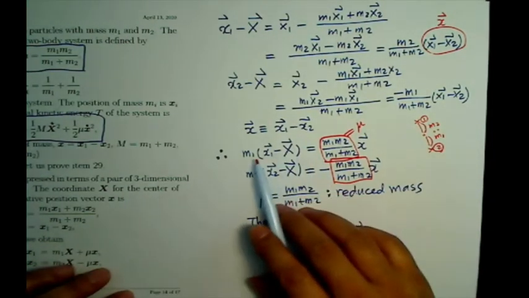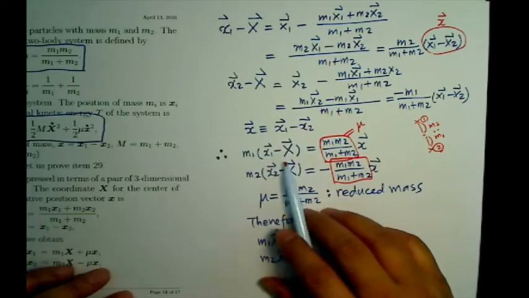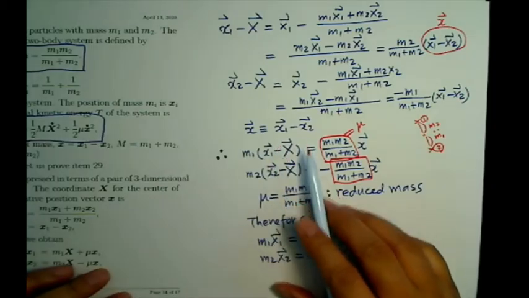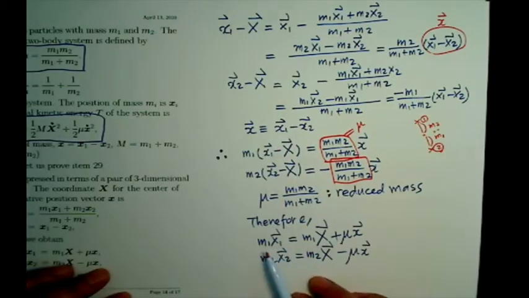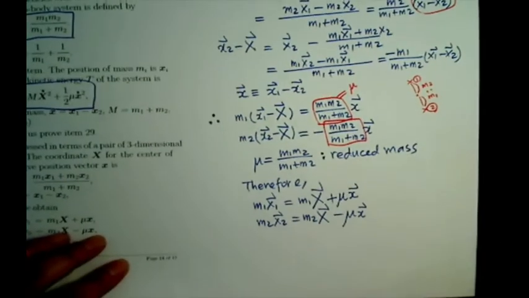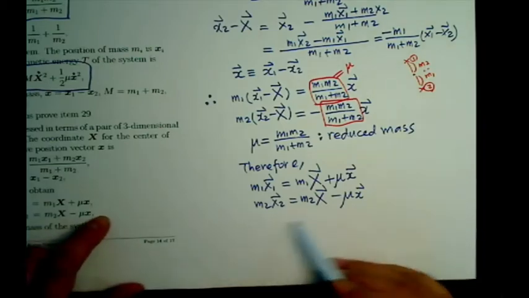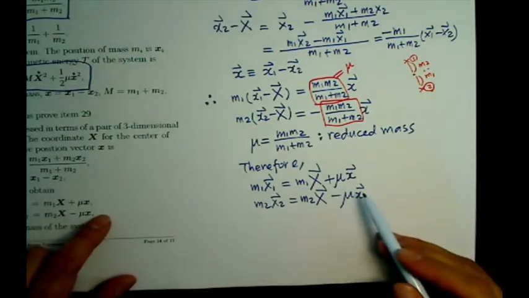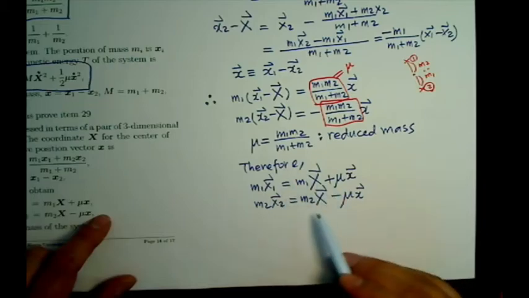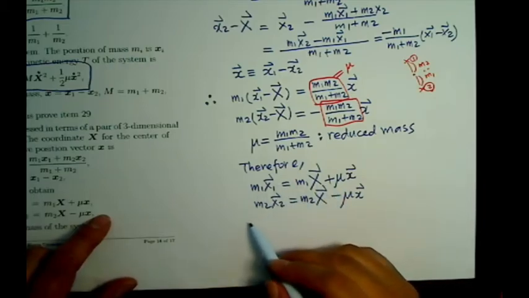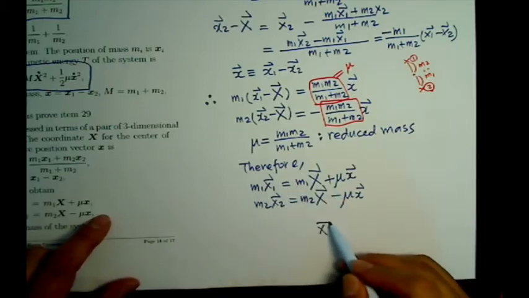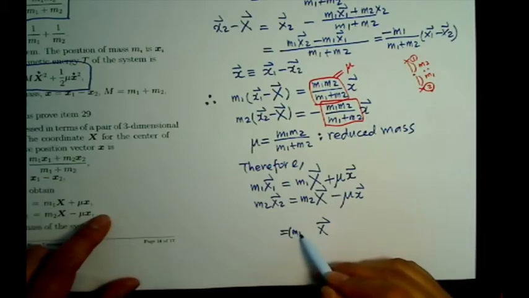Therefore, if I move this center of mass contribution to the right hand side, I have this kind of form. If I add both sides up, then it is trivial to cancel, and this will result in the definition of the center of mass.